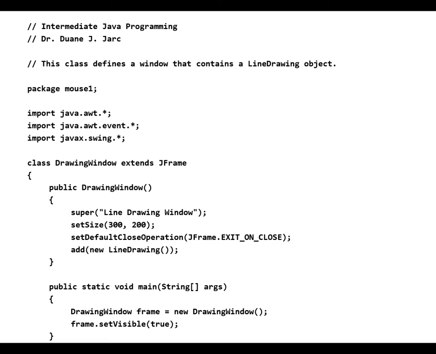To have a complete program, we need a main method. We elected to put it in a separate class. The constructor of this class adds an anonymous object of the class that we just examined to the window. The main method, as always, instantiates the window object and makes it visible.